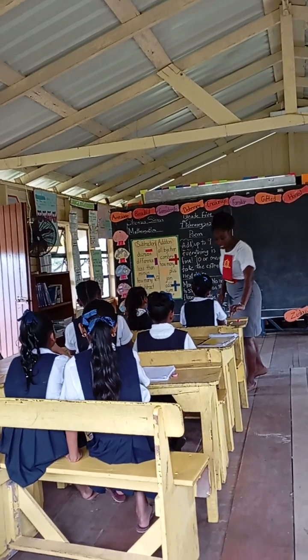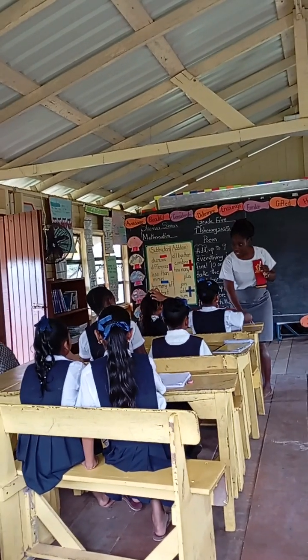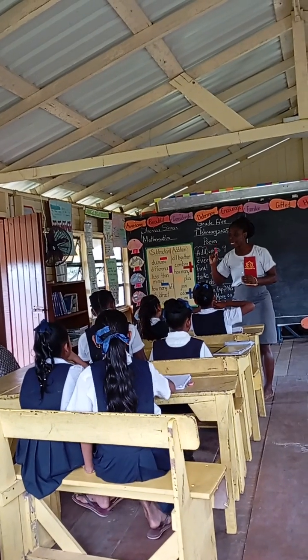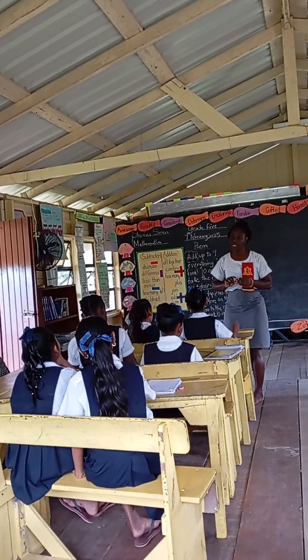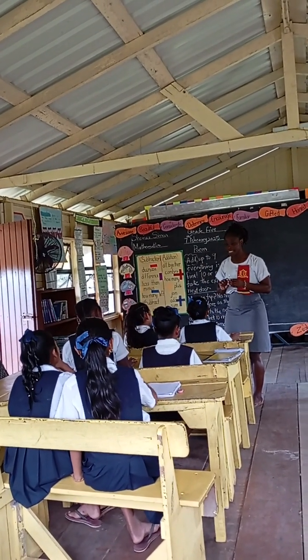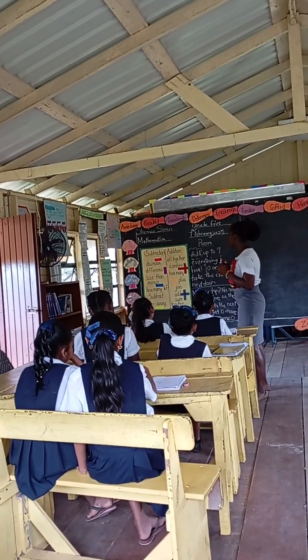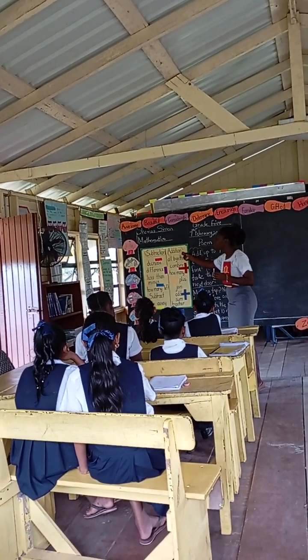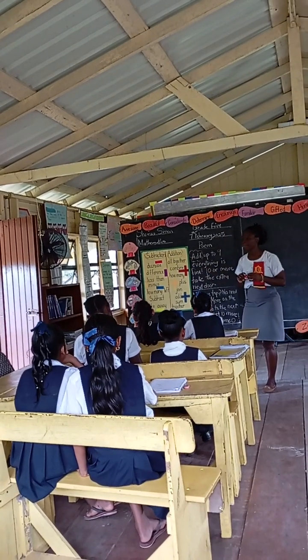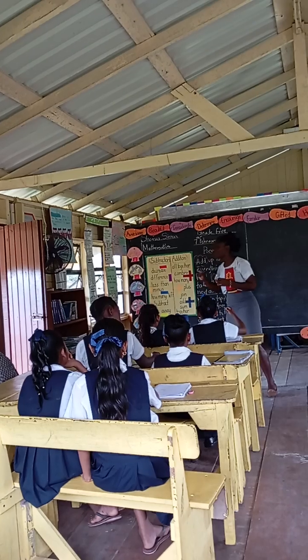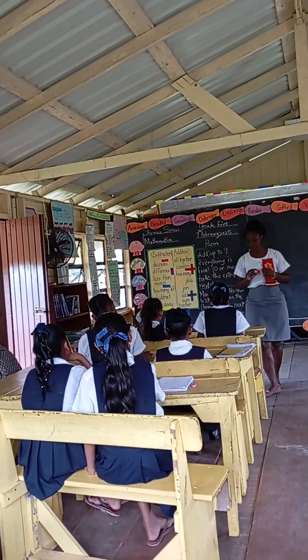We have one addend here and another addend here, and our answer is going to be the sum. What is the answer? Our sum. When we add, we find the sum. When we subtract, we find the difference. What do we find? The difference.